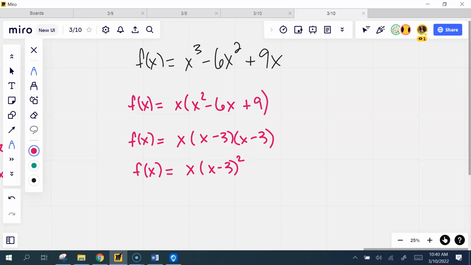Does that make sense to everybody? I didn't show all that work here. This is actually a perfect square trinomial. Remember, it's square dances?